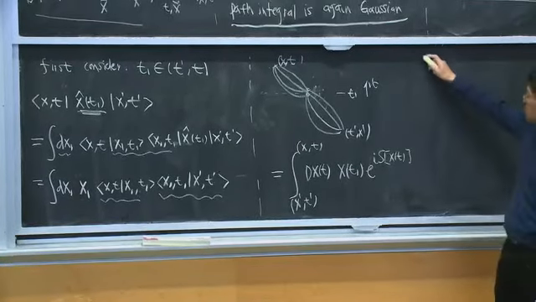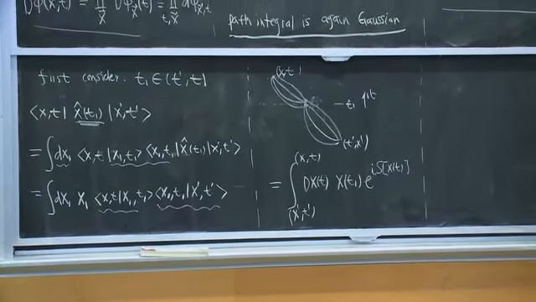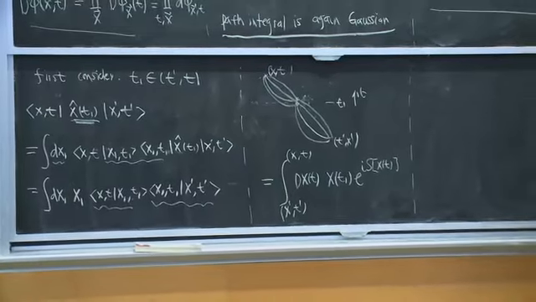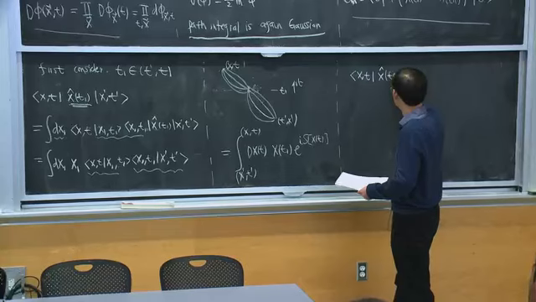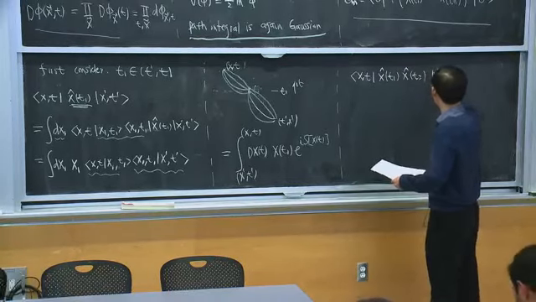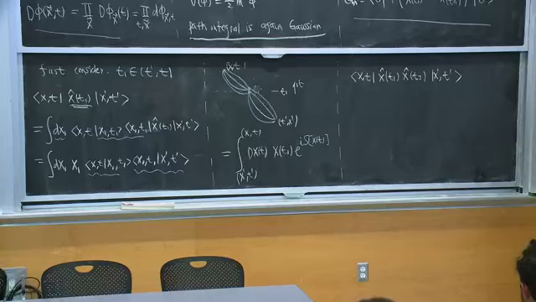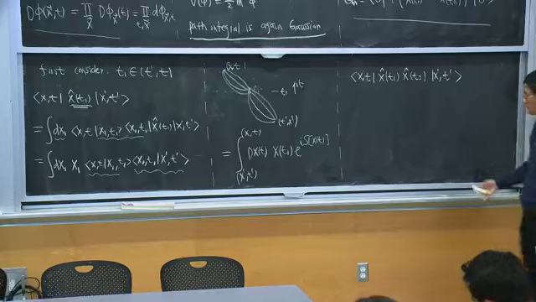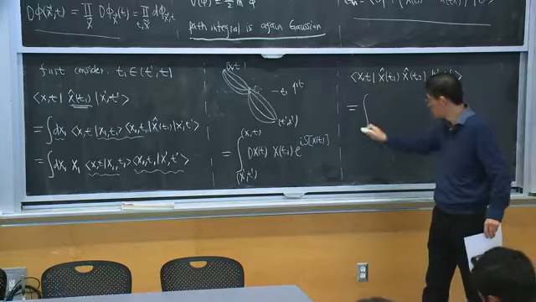So now you can do the same thing. Suppose you have two operators. So you can almost immediately write down, if you try to generalize that, what would you write down as the answer?